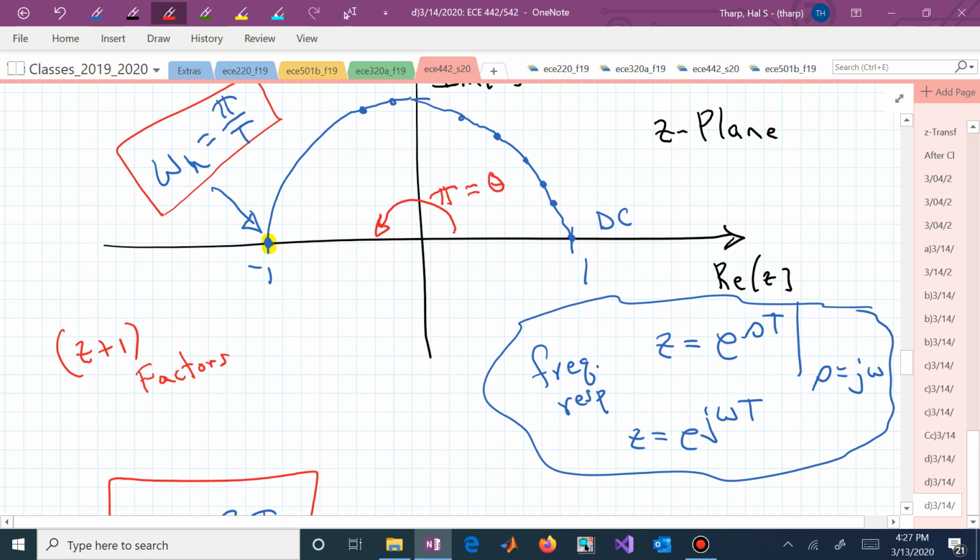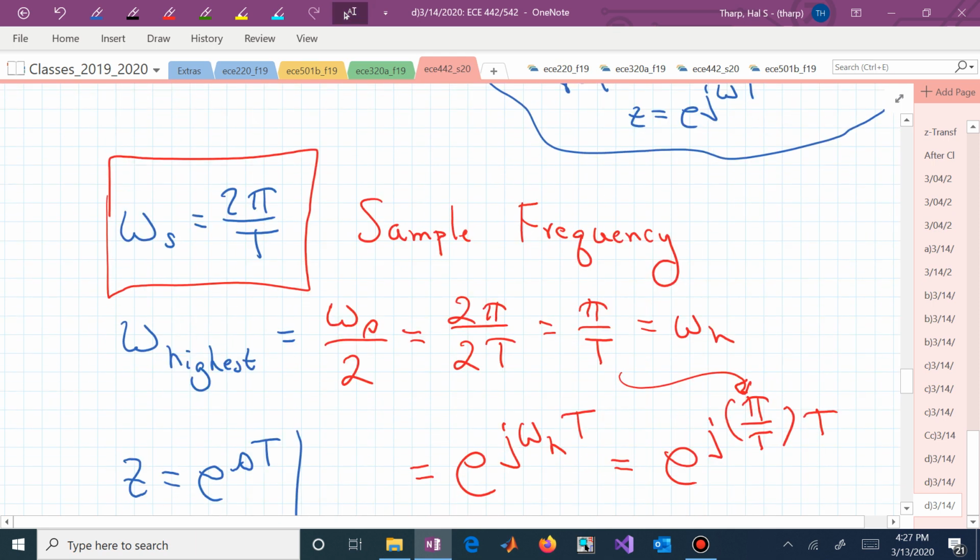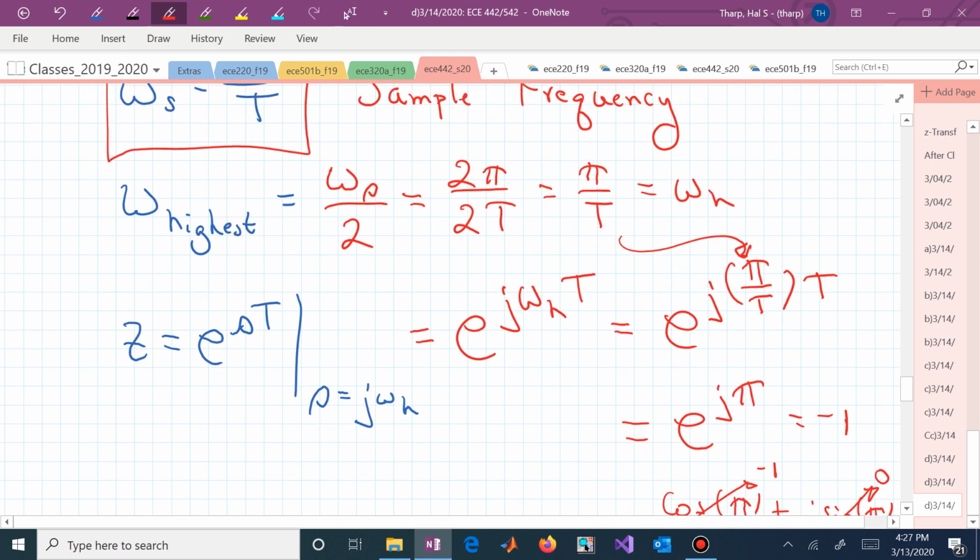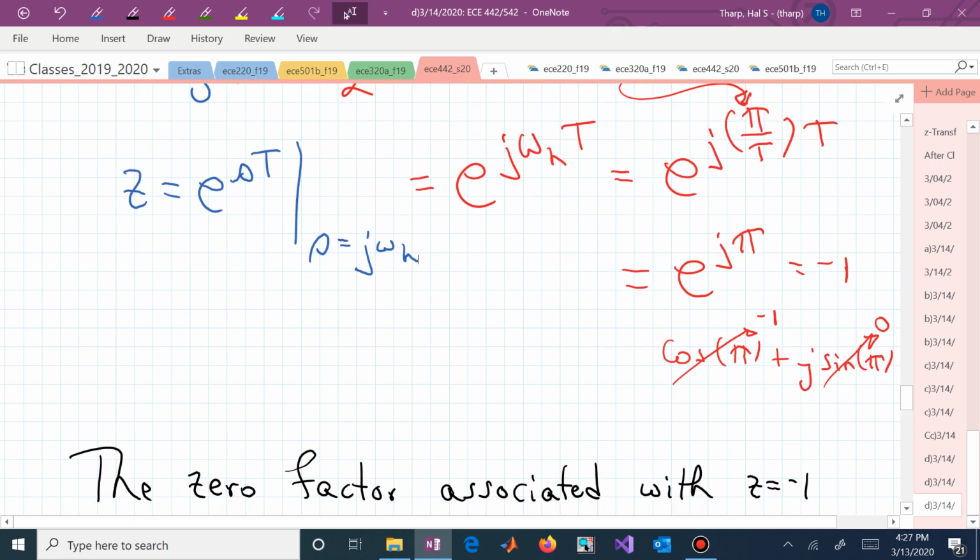And if you now go all the way over there, that now represents the location in the z-plane of minus 1.